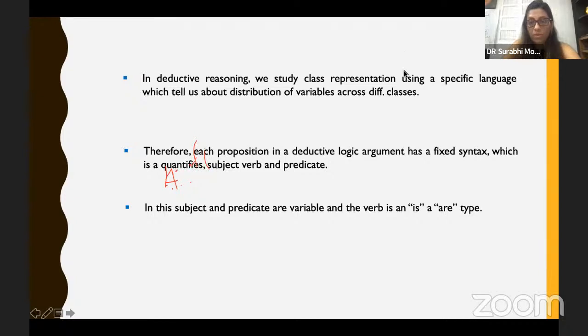I don't know, something's wrong with the writing pad. So the syntax is all S, R, P. So you have a quantifier, subject, verb, and predicate.